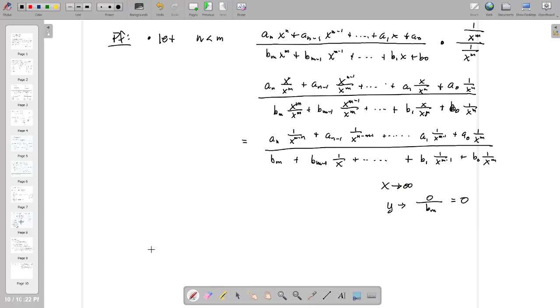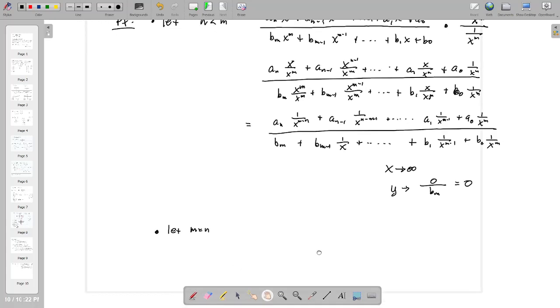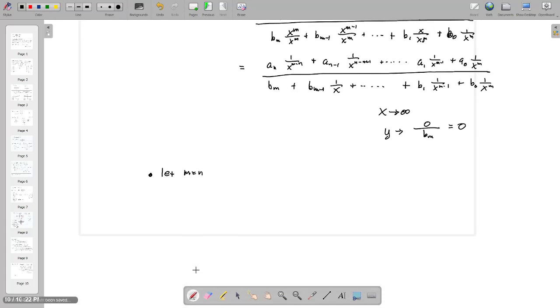I'm just going to prove the second part too, the second point. Let m equal n. And in this case, we do the exact same process. I'm going to explain it all again, just in case you missed it in the first one.